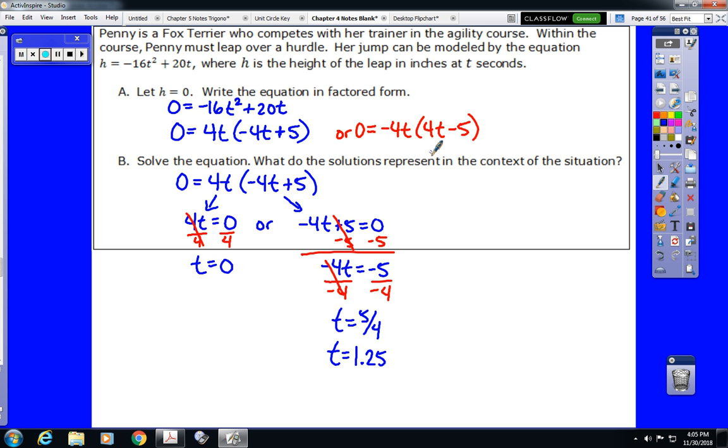Now, this is a word problem. They asked us a question, so we should answer that question with words. What do these solutions represent in the context of the situation? Well, the first solution, t equals 0, the dog has not jumped yet.